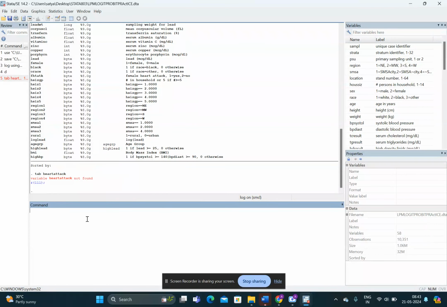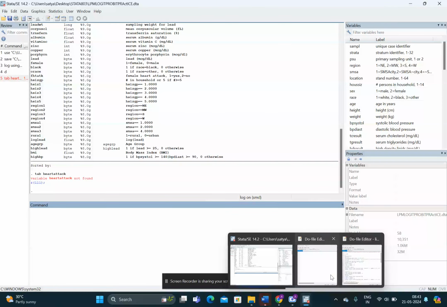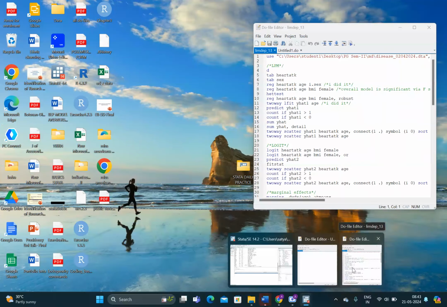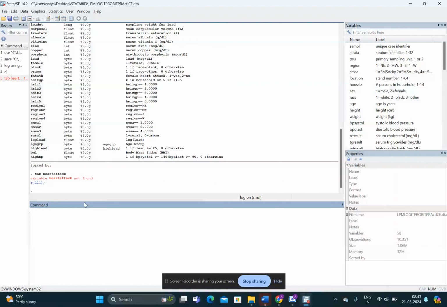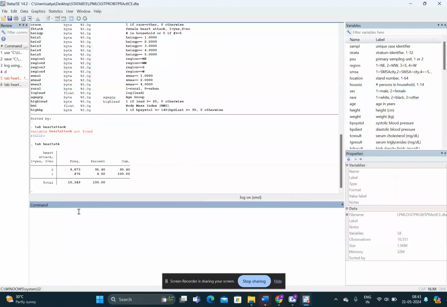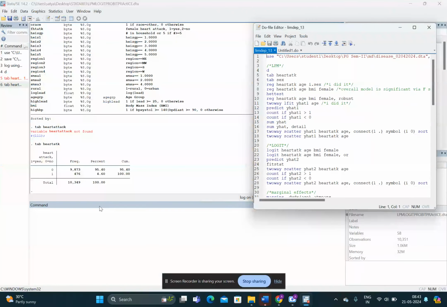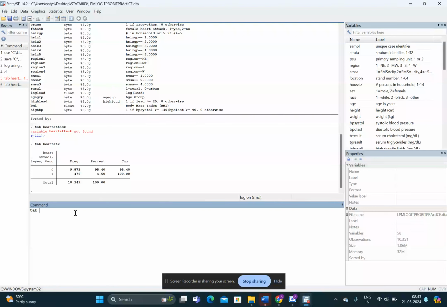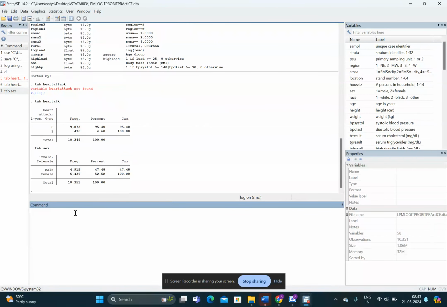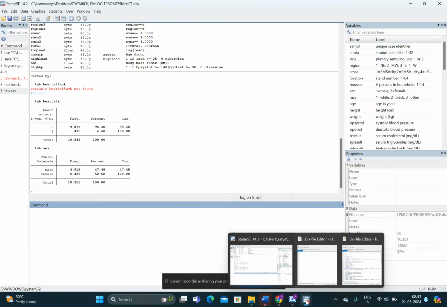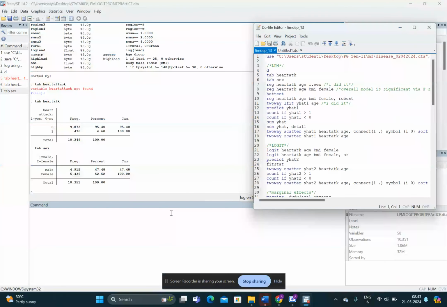Okay, 1 minute, I think the name is a little different. Tab heart attack. Okay. So we have it as a binary variable in the 0 1 format. Then we will do tab sex. So it is male female, again a binary category.